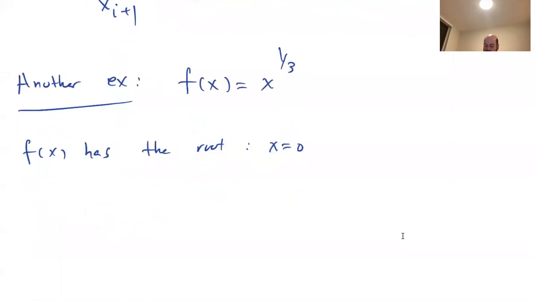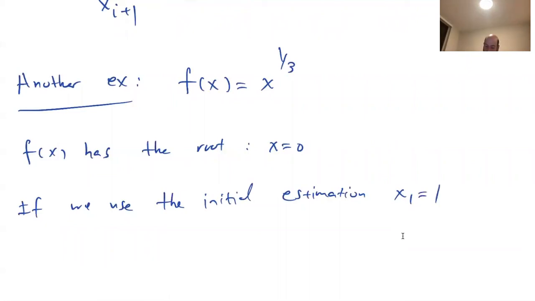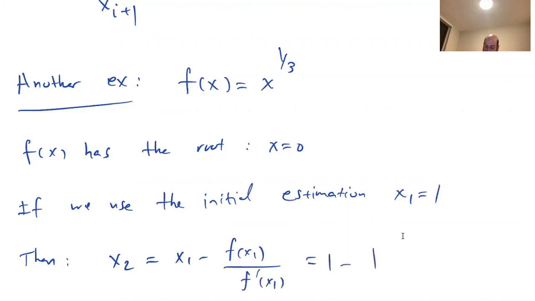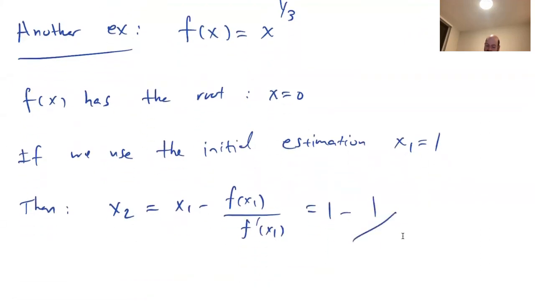Now, if we use the initial estimation x1 equals 1, then what do we know about x2? x2 will be x1 minus f of x1 over f prime of x1. So that's going to be 1 minus f of x1, which is 1, over f prime of x1. The derivative of this function is 1 over 3 x to the power minus 2/3.